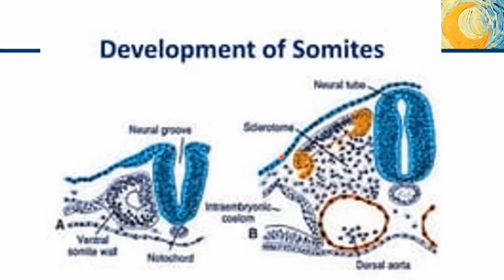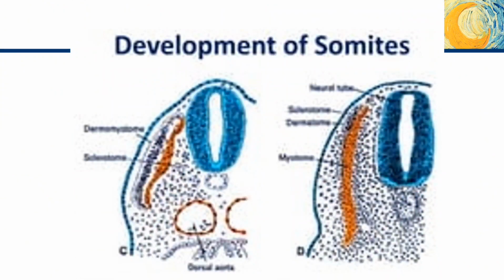So here you can see again the development of the somite. I have explained it in the previous slide as well. This is a donut-shaped structure forming the somite. This somite then differentiates into the dermatome, the myotome, and then the sclerotome component.